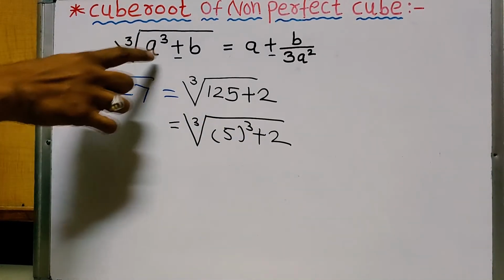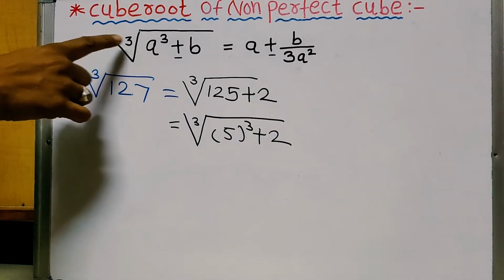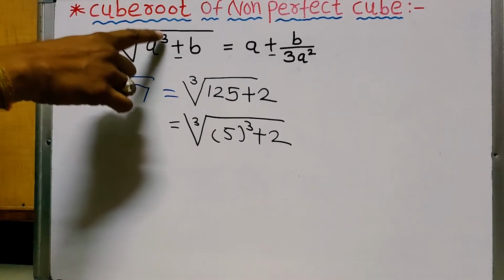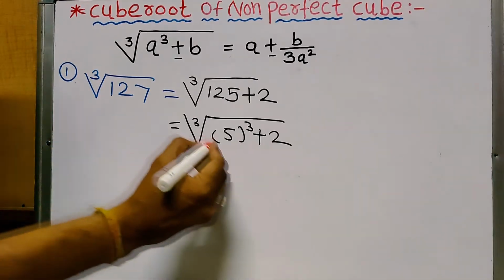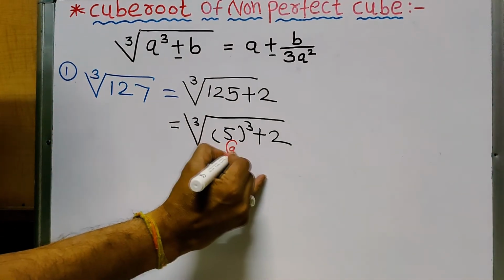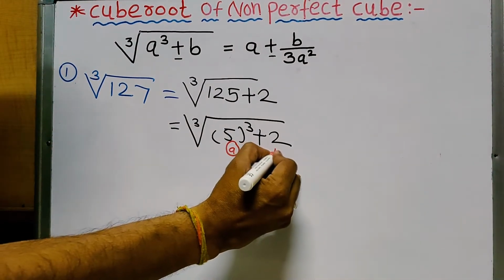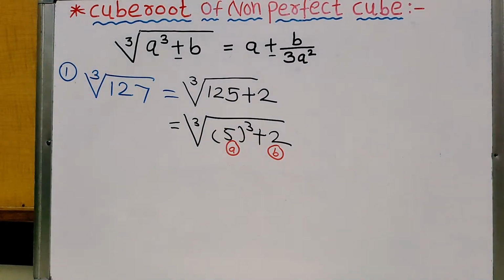That means this is now in the form cube root of a cube plus b, where 5 is our a and 2 is our b.